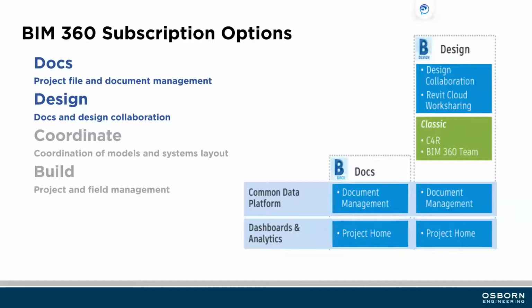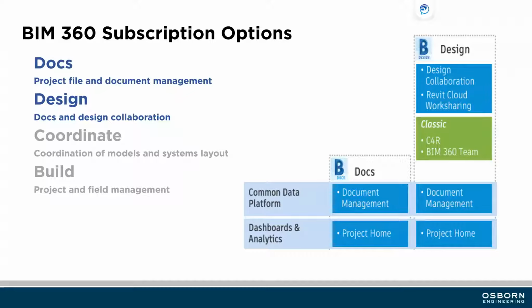So thinking about what BIM 360 is and what it has to offer, it's kind of an a la carte type offering where there are different modules. There are several that are also available for the construction side, like your Coordinate and Build. Primarily within Osborne, we'll be focusing on Docs and Design. Docs is kind of your backbone for all your file storage and the different formats, 3D and 2D documents.